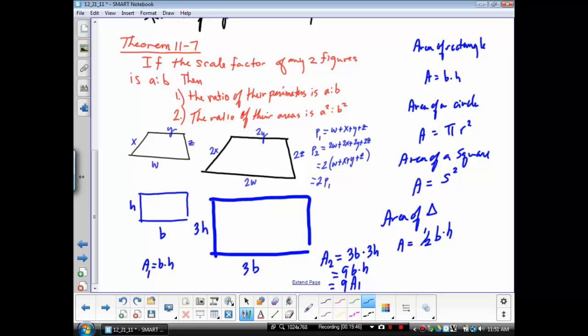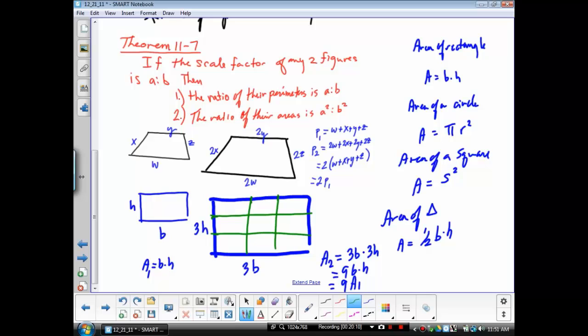You then are able to fit 9 of these rectangles in this rectangle if I can fit 3 of those sides on this side and 3 of those bases on this base. You can see that there would be 9 of those rectangles in this rectangle.